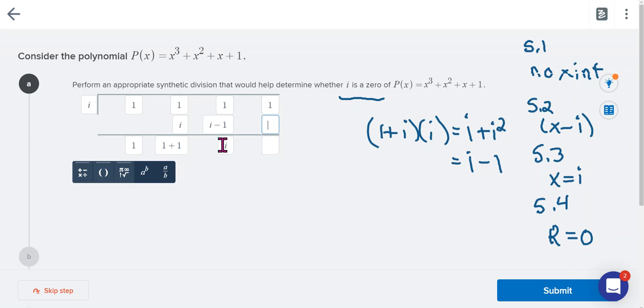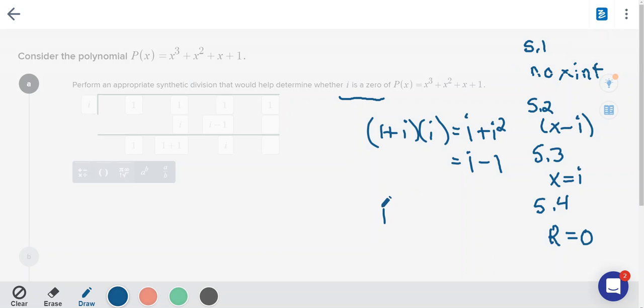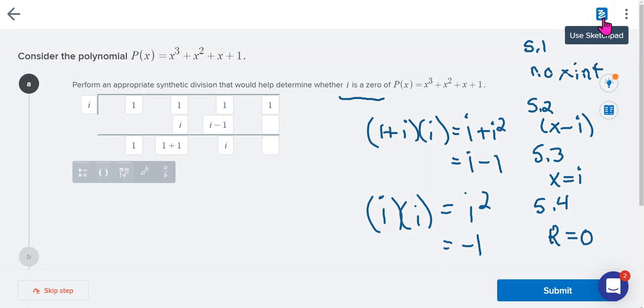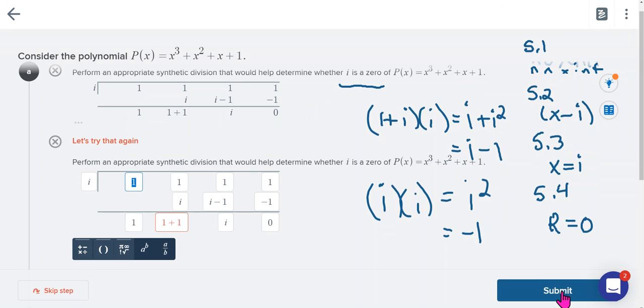All right, multiply again. So let's see. i times i is i squared, which is negative 1. So you have to write the simplified version. Otherwise, it will say that you aren't finished with it. Oh, okay, so notice the red spot right here.